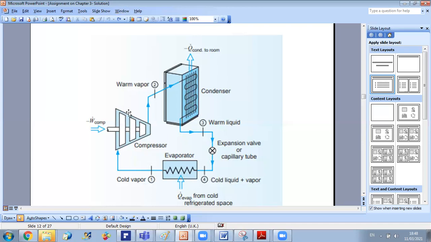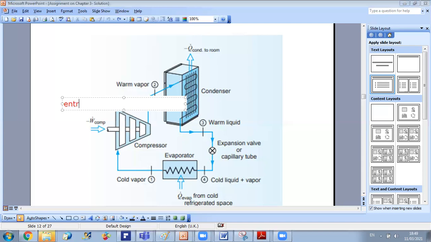Now, how to draw the graph for this cycle, the TS diagram. First, always in general for a compressor, what is constant is the entropy. So in a compressor, entropy is constant, because in general we consider insulated compressors, with no heat transfer.